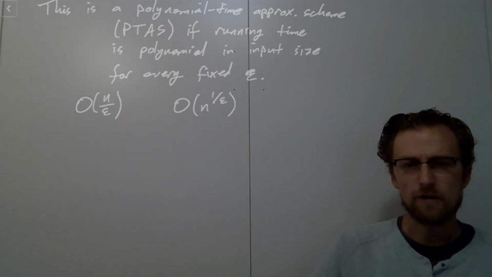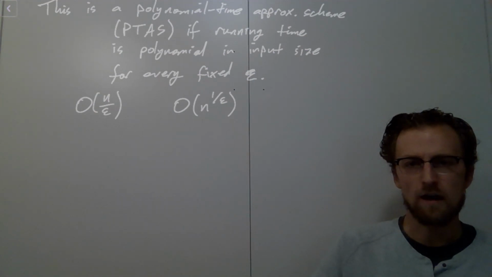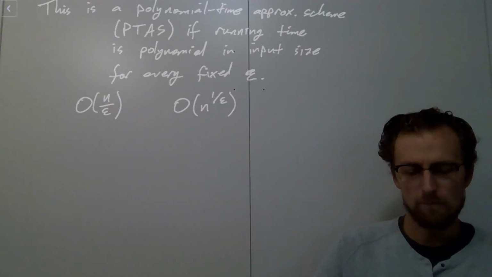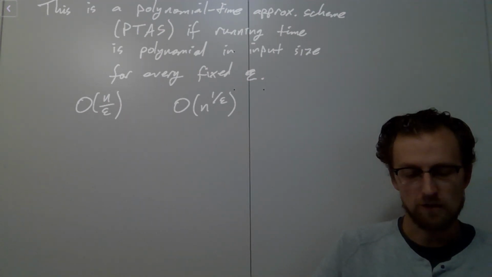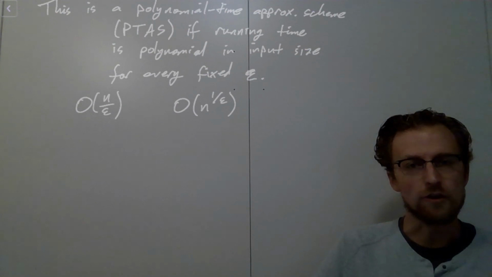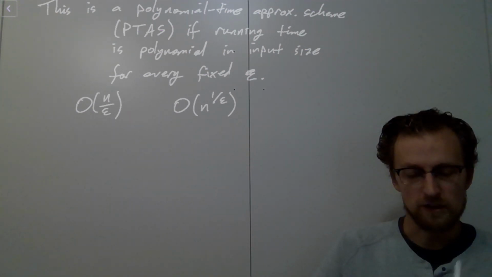Here, this is actually quite a bad scaling in terms of epsilon. Think about what happens if epsilon gets very, very small. Then you get n raised to a very, very large power. This is a case where it is exponential in the size of the error, but it's still polynomial in n, so that would still count as a polynomial time approximation scheme.